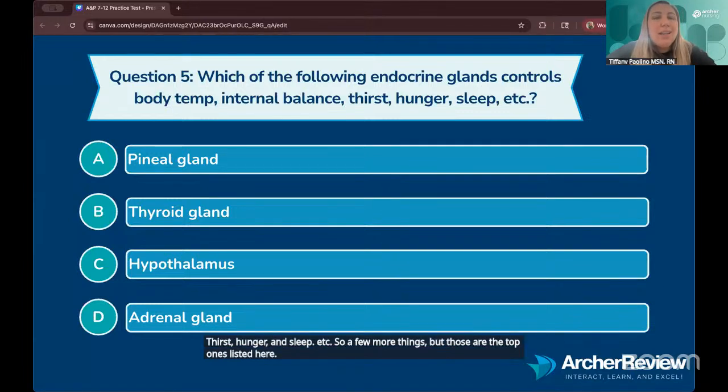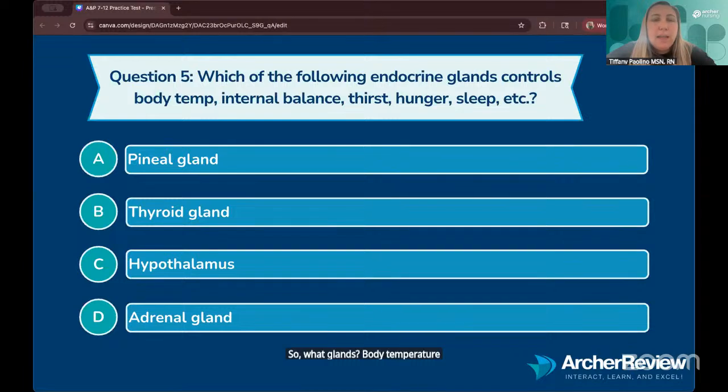So what gland? Body temperature, internal balance, thirst, hunger, sleep. Anyone remember what gland?